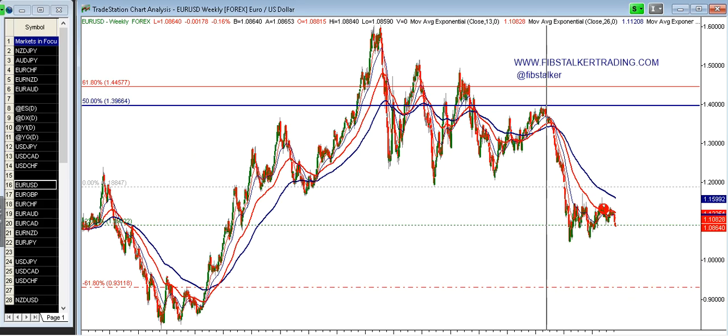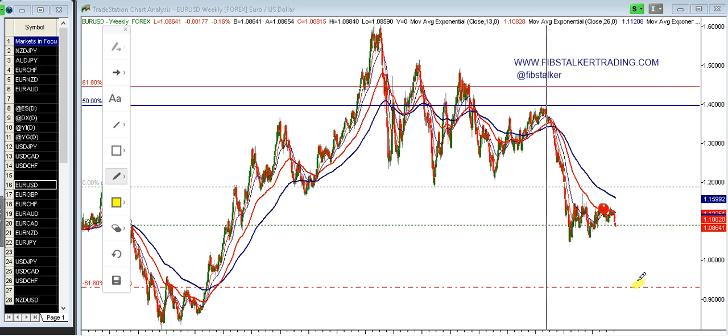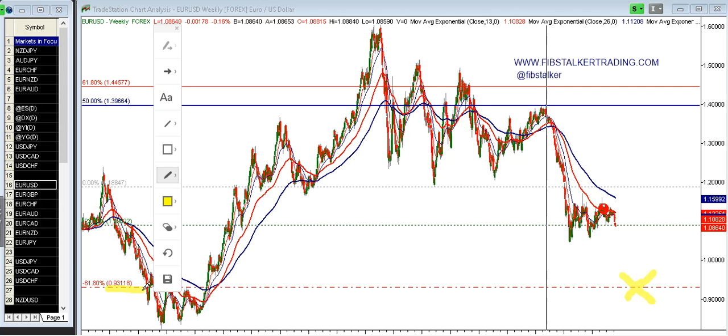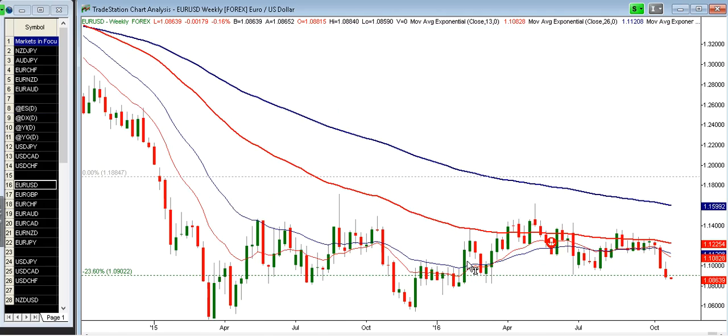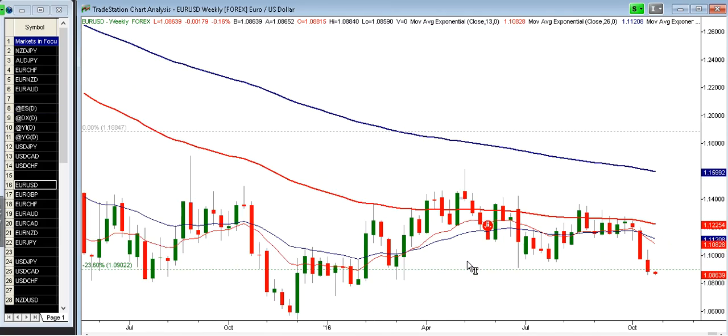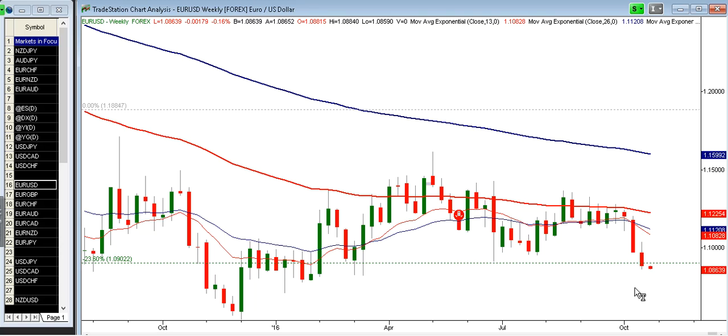In fact, the second target of that large measured move, if price gets there, is at 0.9311. If the market goes there, it's not going to go there in one or two weeks. This potentially requires several months. But one thing that we anticipated last week was a continuation lower, and that happened.